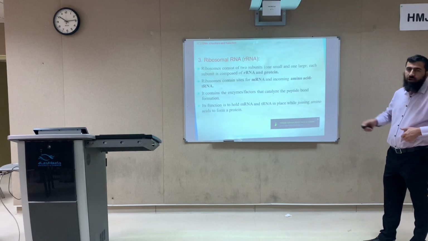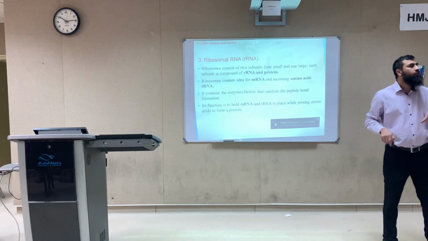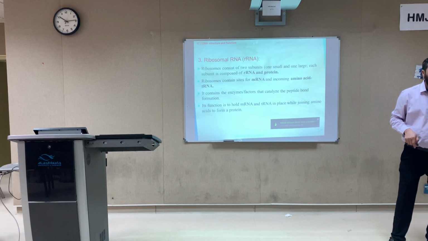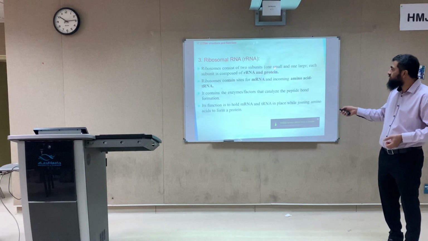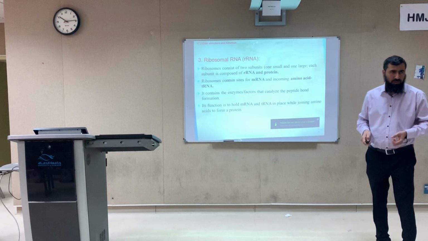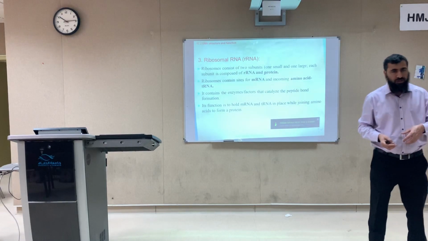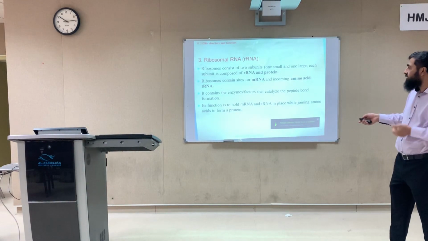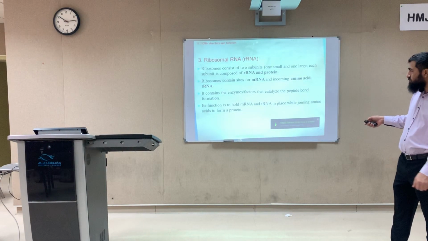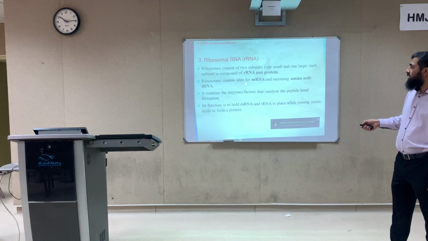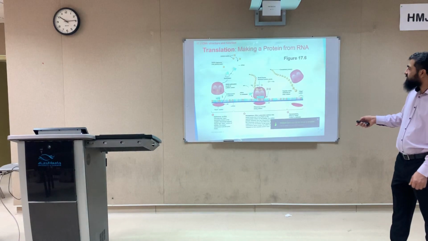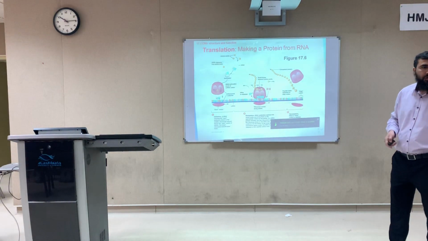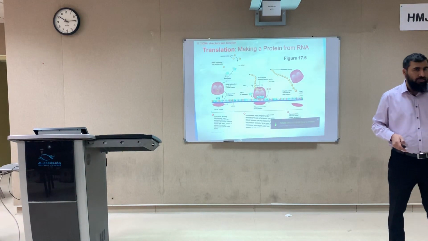Then you have the ribosomal RNA. This forms the subunits, okay? They combine with ribosomal proteins, they form the small and large subunits, which are important for translation, okay? And these are made in the nucleolus, as we know. So when we look at the ribosomes, they have sites for binding to the mRNA, okay?